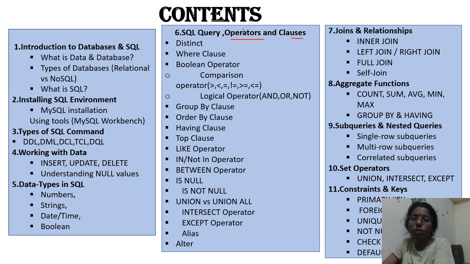Then your comparison operator, whenever we are comparing two data, like less than, greater than, less than or equal, greater than or equal, not equal, equal to, likewise. So here comparison operators: less than, greater than, equals, not equal, greater than or equal, less than or equal to.